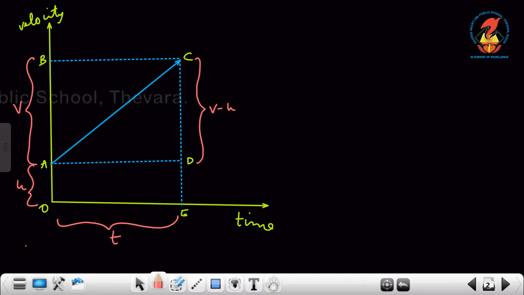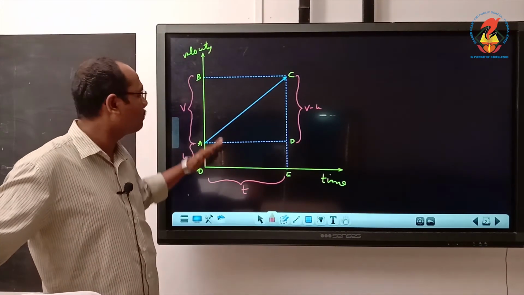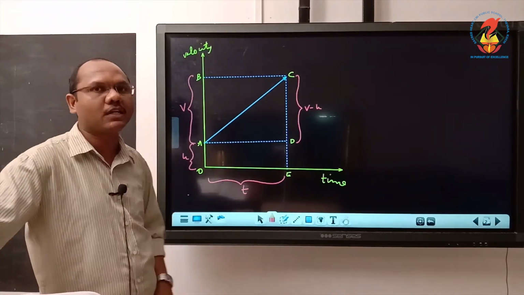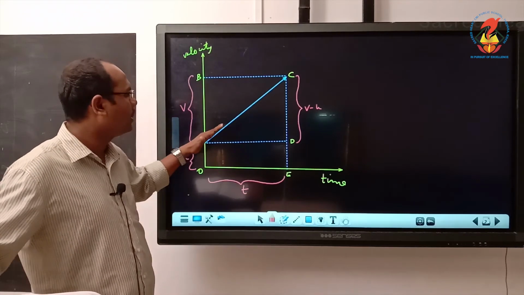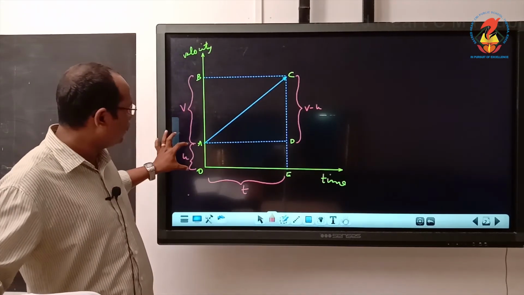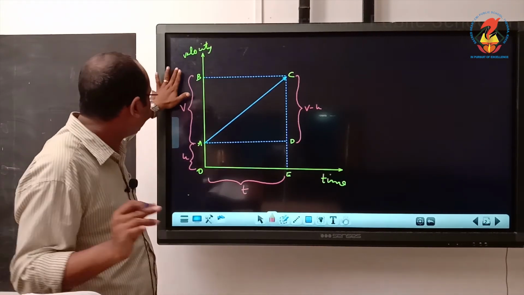Look at the graph. When the body is moving in a straight line with uniform acceleration, the graph will be as shown by the blue arrow. This is the initial velocity u, this is the final velocity v.